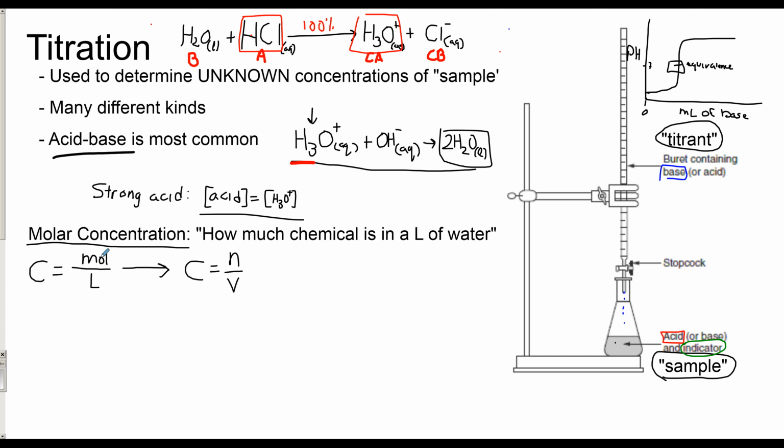And for the variable V, the unit for V, which is a volume, is liters. So here's the quick and dirty way of calculating a titration. So I'm going to write down a question really quickly here and we'll go through it.